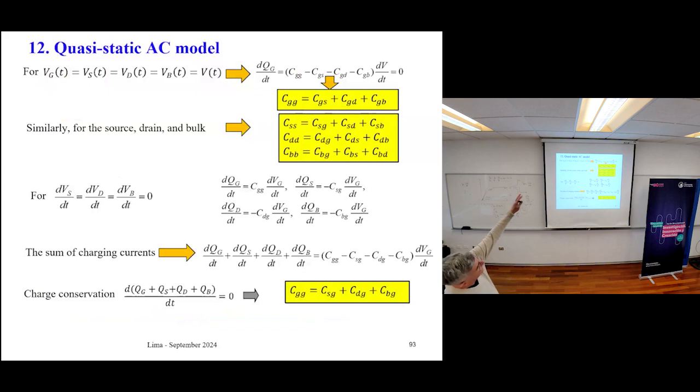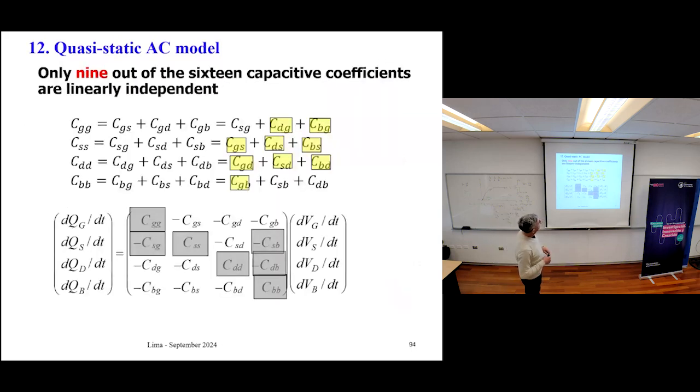This is just the explanation of why some capacitors are dependent on the others. So finally, these are my chosen independent capacitors. We got 3, 6, 7, 8, 9. These are the ones that I love, so I chose them.